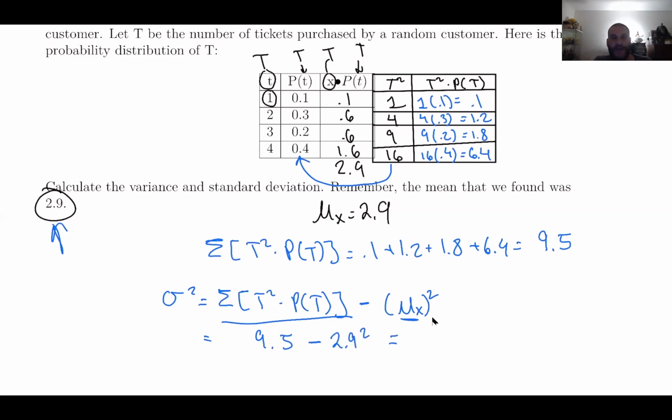So 9.5 minus 2.9 squared, you get 1.09, and this is variance. Any question on how I got the variance?